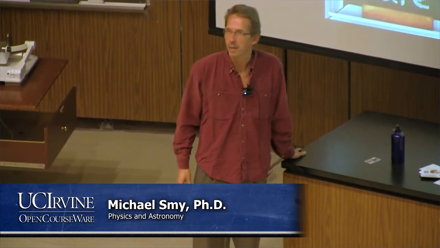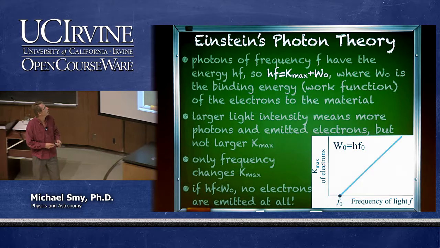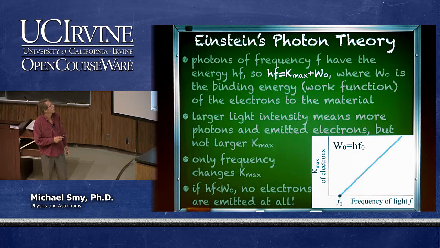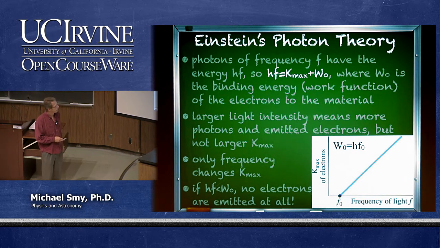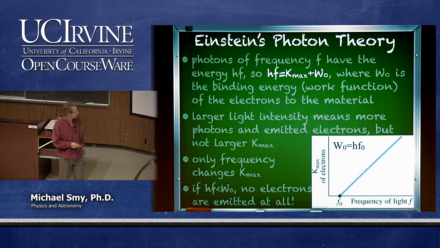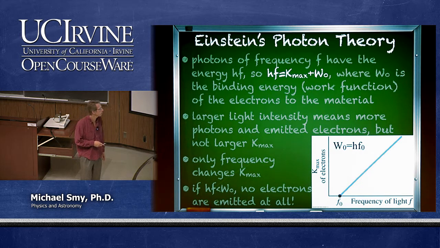So you remember that 2 days ago we started our discussion of modern physics with the blackbody radiation and the photoelectric effect. And Einstein had this theory that light actually consists of particles, where he explained the photoelectric effect by stating that the energy of a photon, a light particle, is the Planck quantum times the frequency.